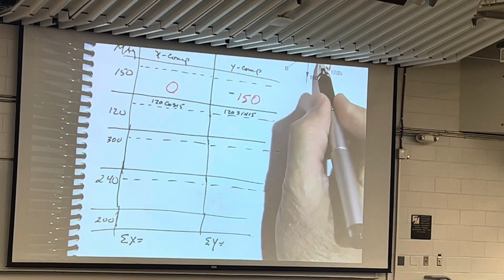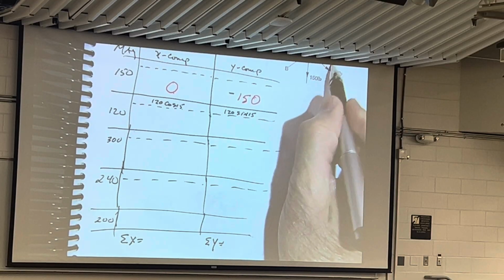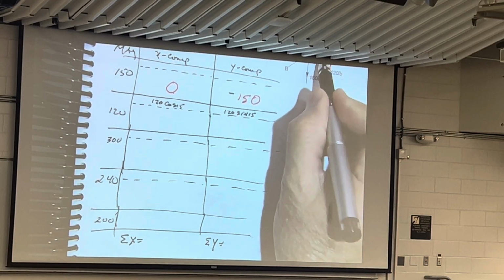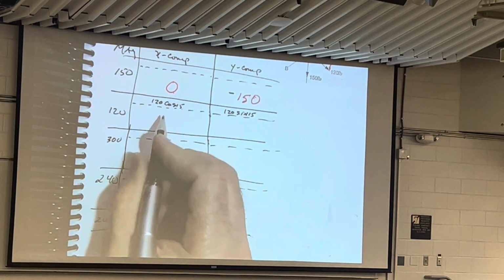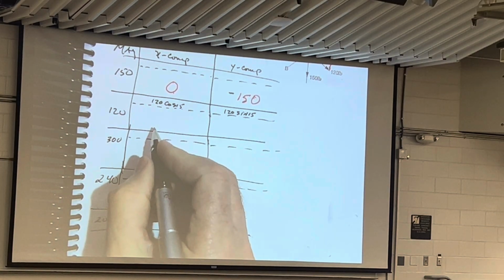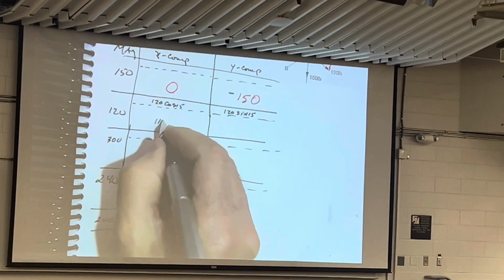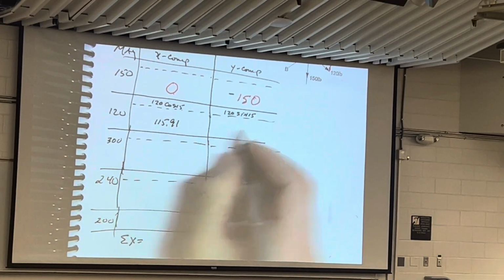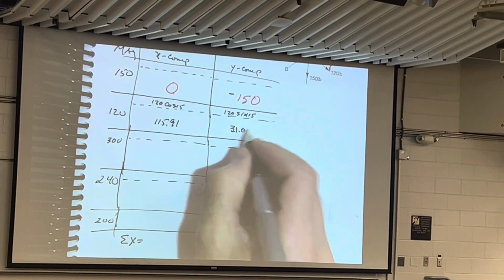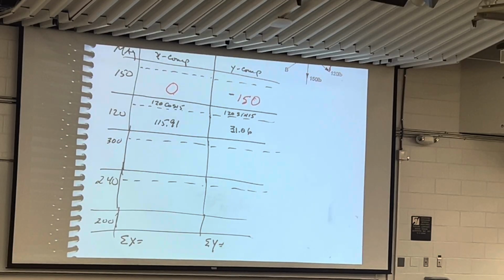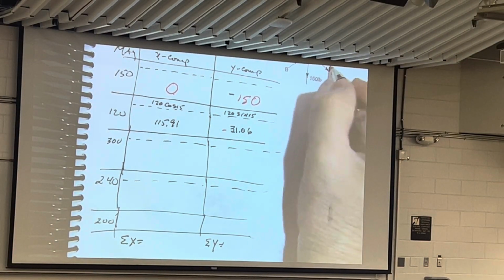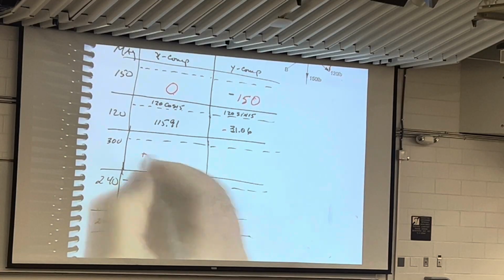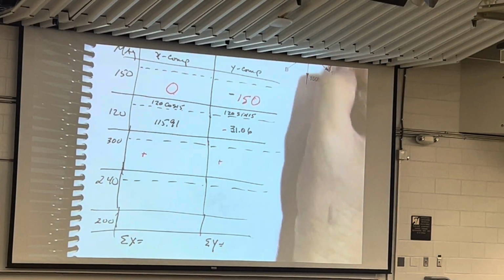Sine 15 would be the opposite, so it would be the y. Cosine 15 would be the adjacent, that would be the x. This number is 115.91. This number is 31.06, but I need a negative here because it's pointing downward. Here, these numbers are all positive because it's to the right and upwards.